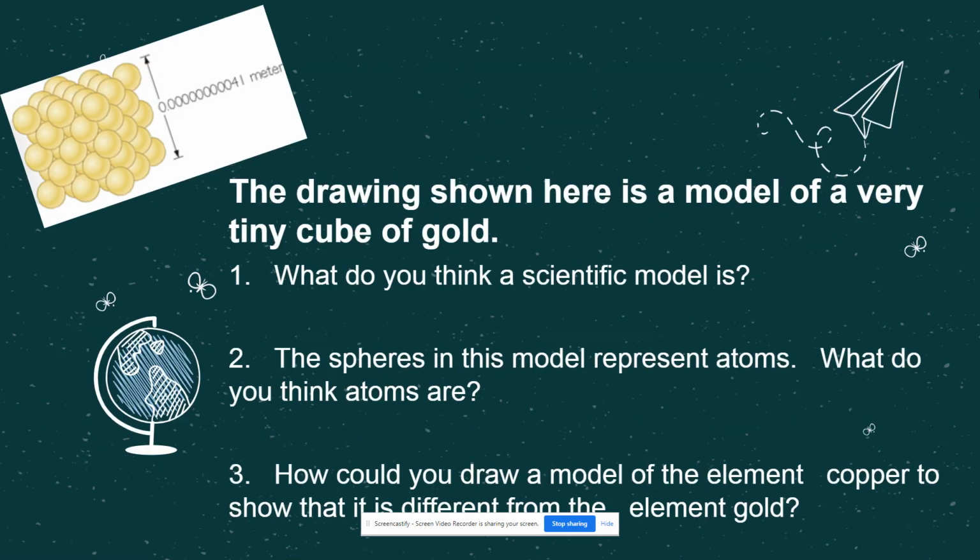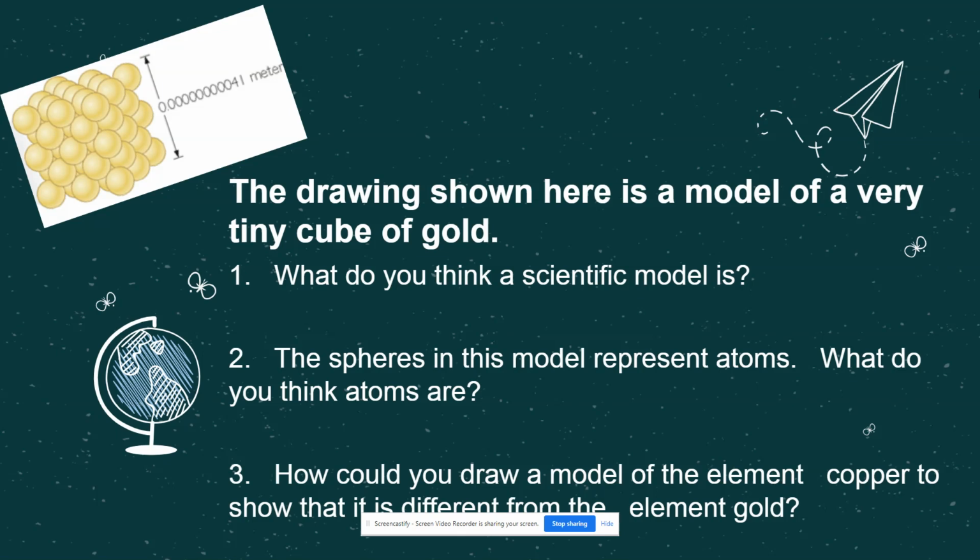Okay, so the drawing that you see here is a model of a super tiny cube of gold. Okay, so this is a model. Well, what do you think a scientific model actually is? A lot of times students will say, I think it's a smaller version of what I'm studying.